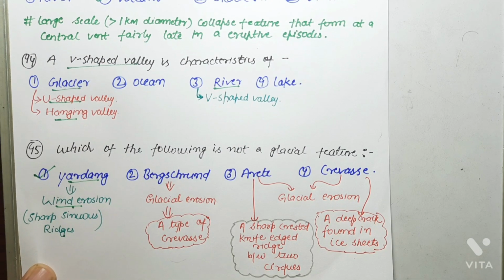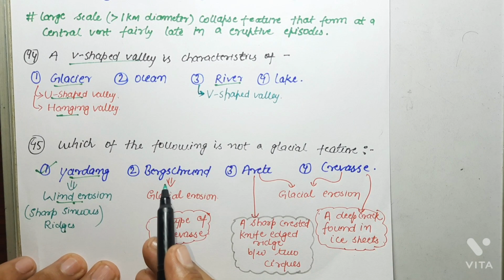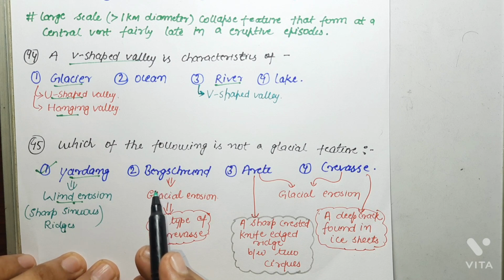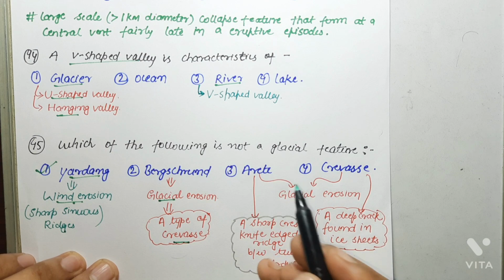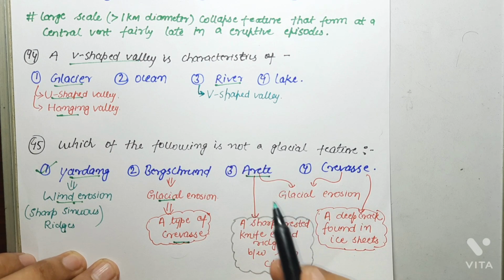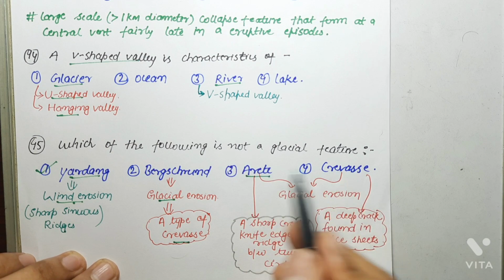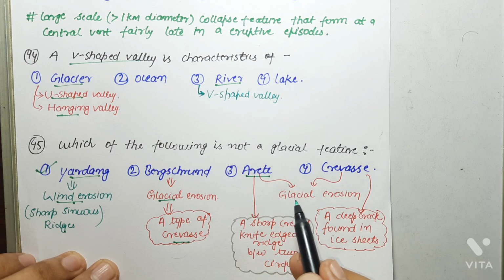Bergschrund. These are a deep crack, or you can say crevasse, near or at the top of glacier, separating moving ice from the ice that is not moving. These are formed by glacial erosion. So these are glacial landforms, and these are a type of crevasse. Now arete and crevasse also are formed by glacial erosion.